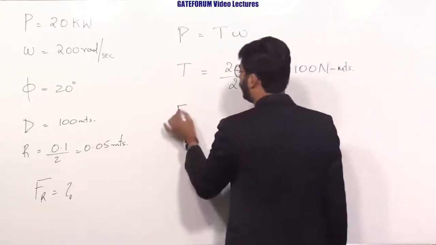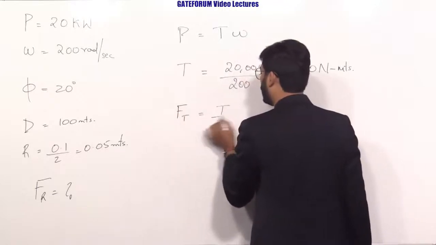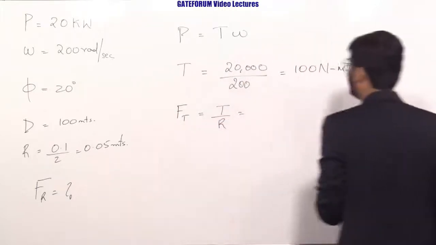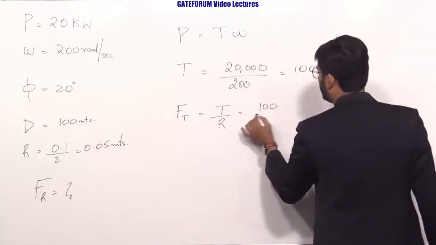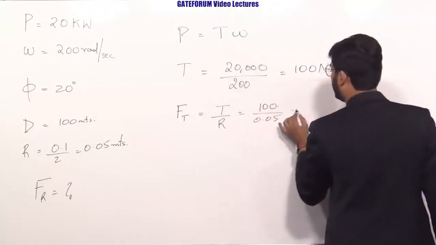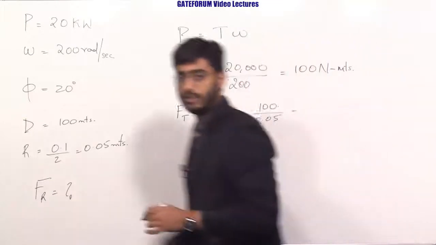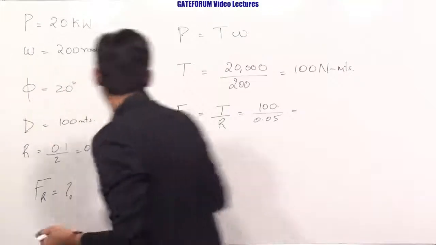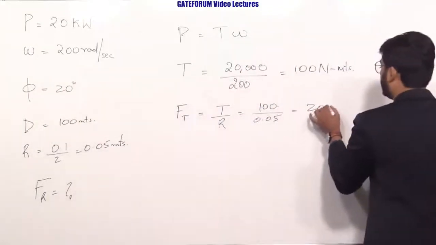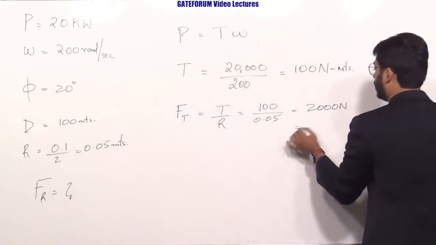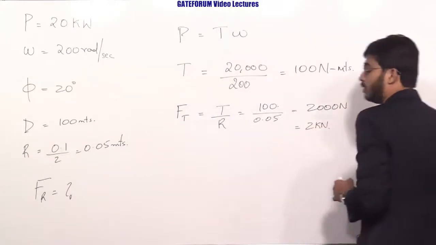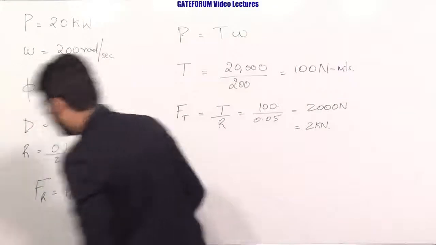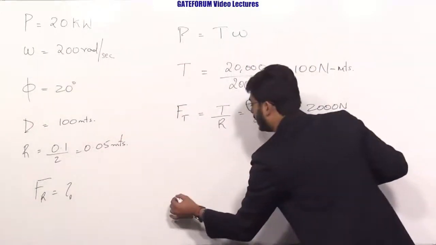Next, tangential force Ft is equal to torque by radius, that is 100 by 0.05, which is equal to 2000 newtons or 2 kilonewtons.